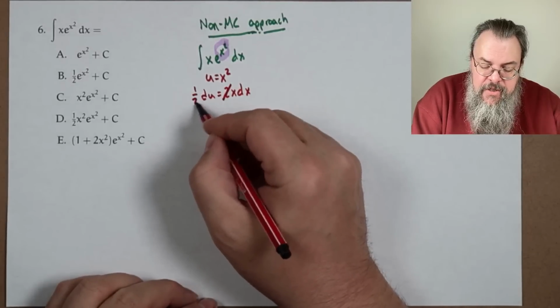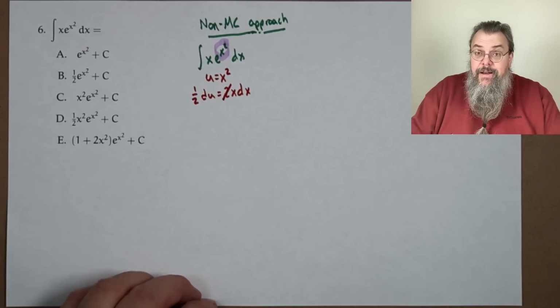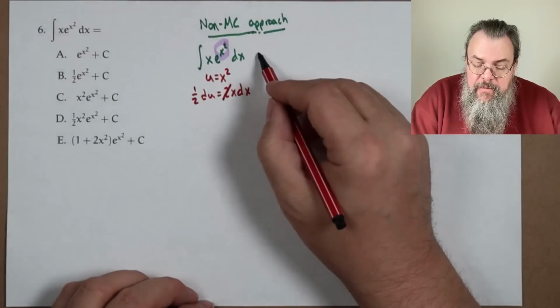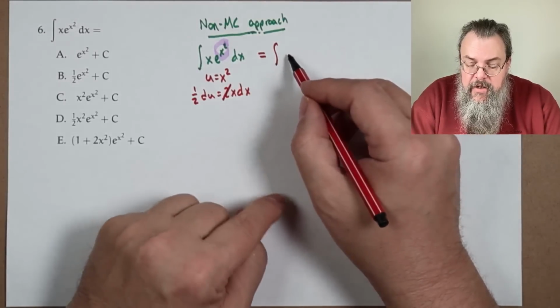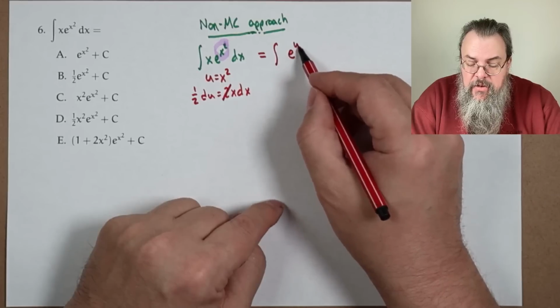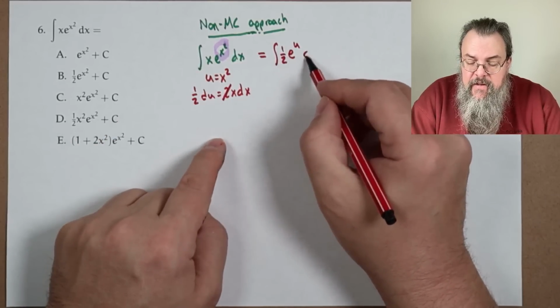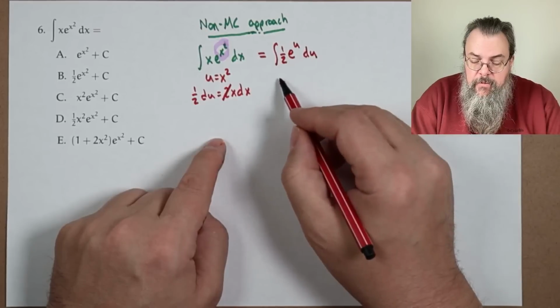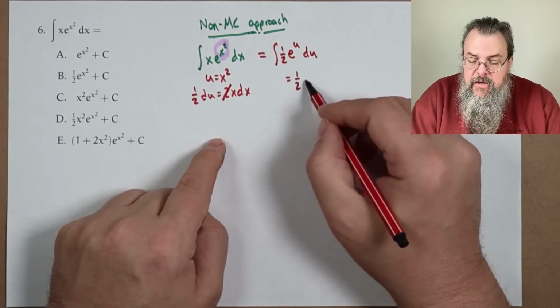So 1/2 du is x dx. Then this becomes the integral of e to the x squared would be e to the u. The x dx is 1/2 du. So this becomes 1/2 e to the u.